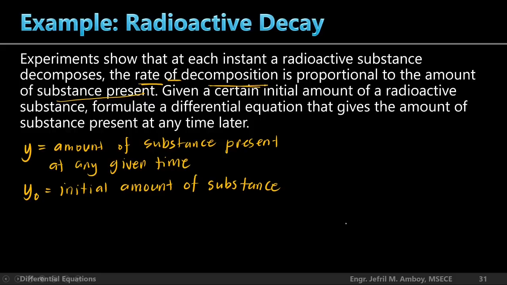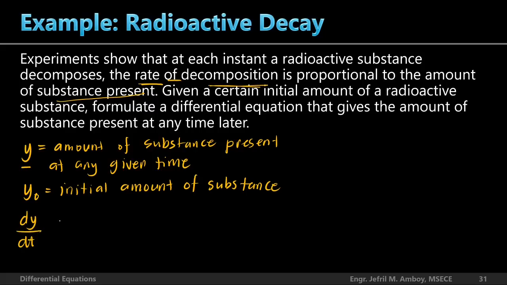And the rate at which it decomposes can be represented as a derivative. Why? Because in calculus, the word rate of change is synonymous to the word derivative. So if the amount of substance at any time is Y, and this substance decreases with time, then how fast does it decompose? The rate at which the substance decreases can be written as dy over dt.